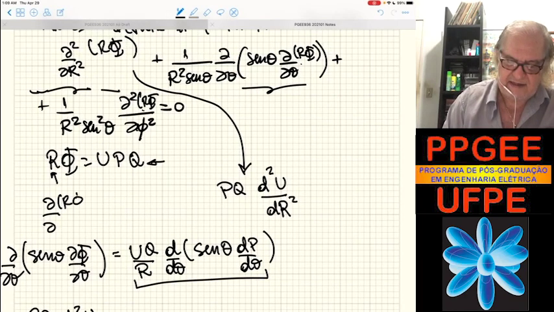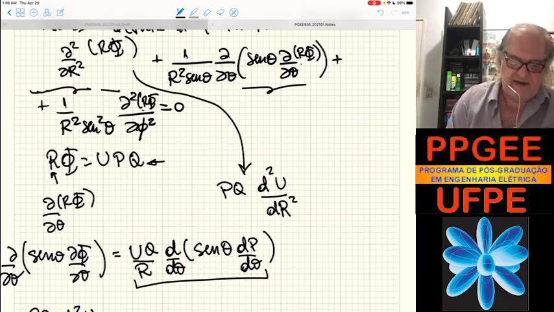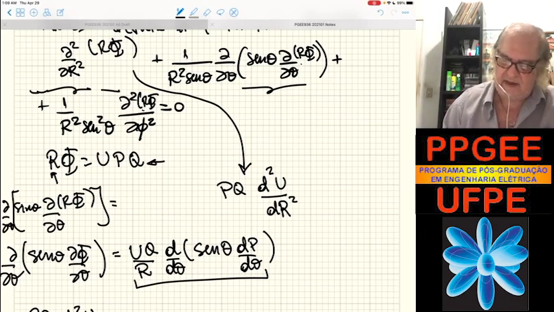R phi d theta, right? So we have sine theta d theta of that. So now it's going to be easier. It's going to be u q d theta sine theta.